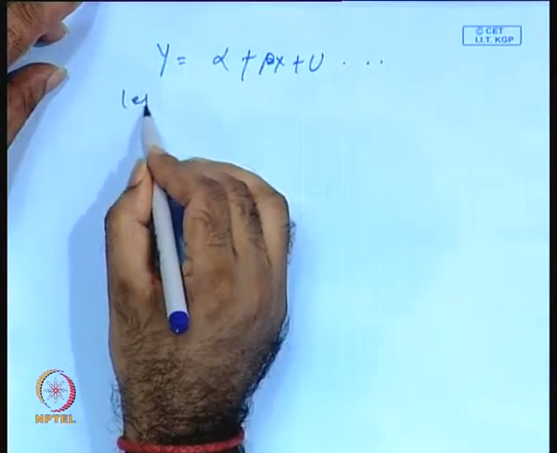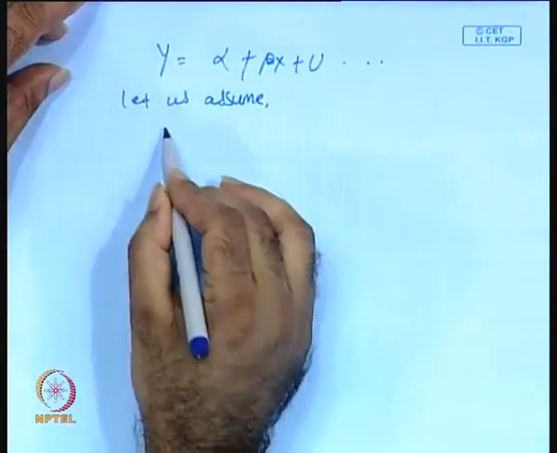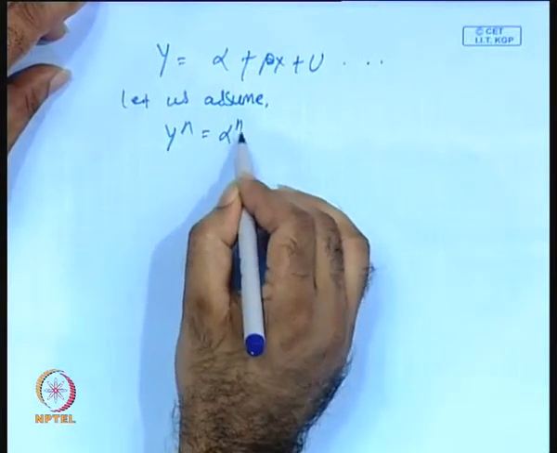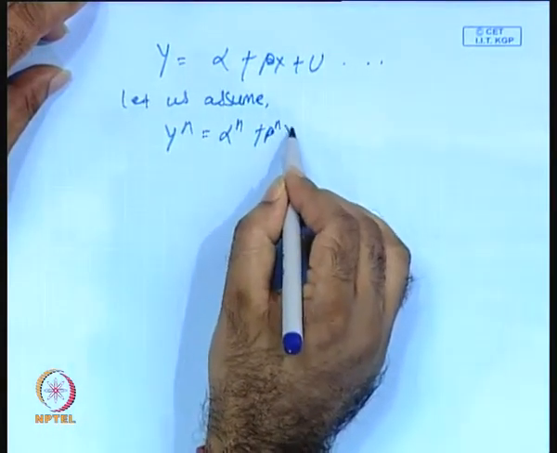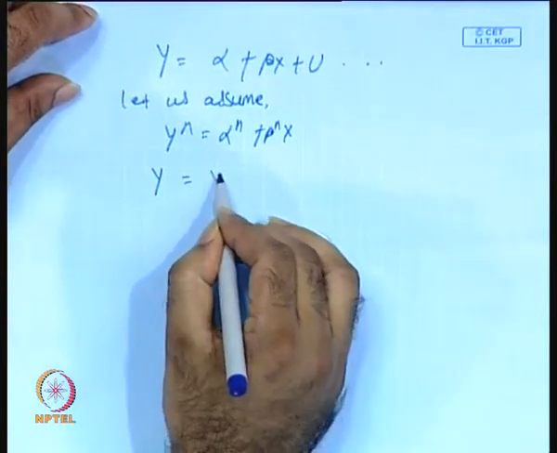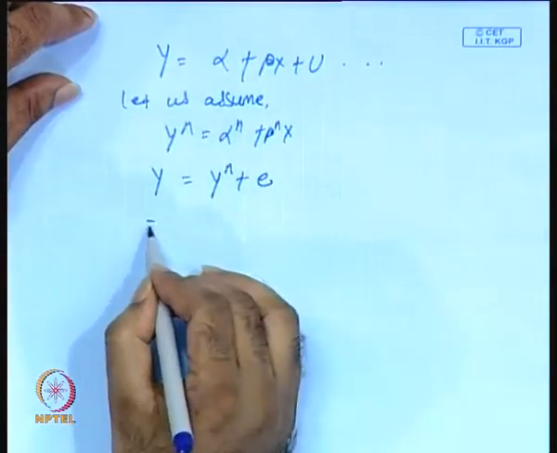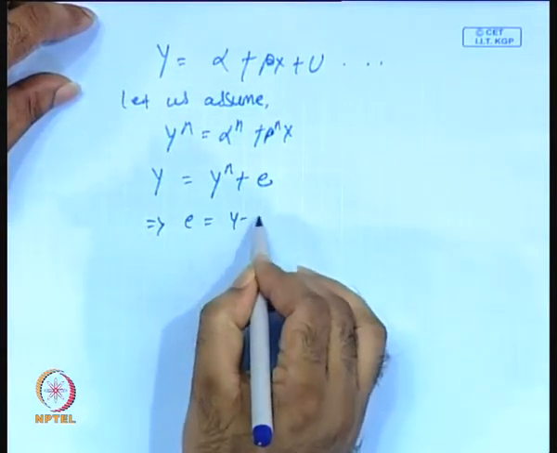Let us assume y hat equal to alpha hat plus beta hat x. Obviously y equal to y hat plus e, that implies e equal to y minus y hat.